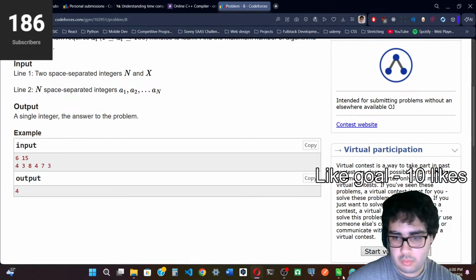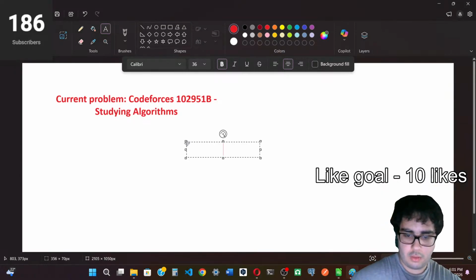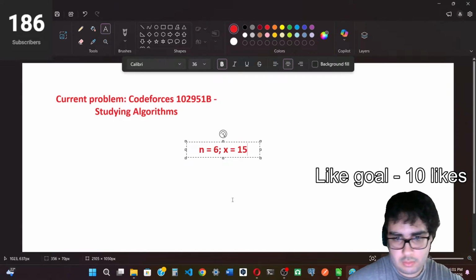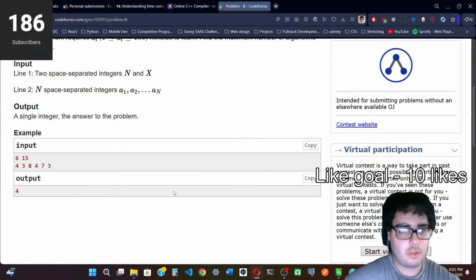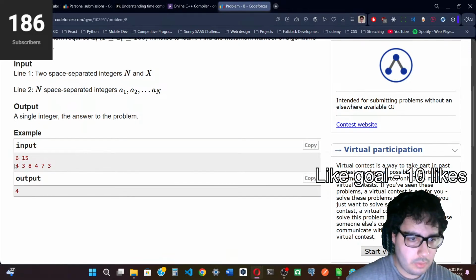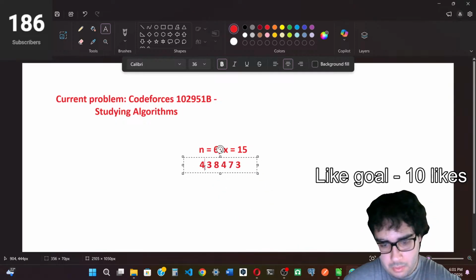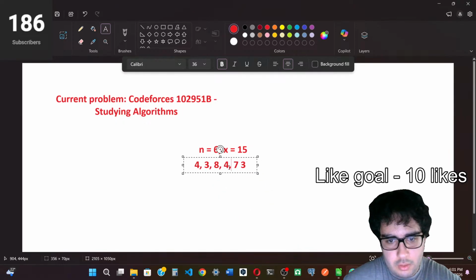6 numbers. So n is equal to 6, x is equal to 15, and then we have these numbers.